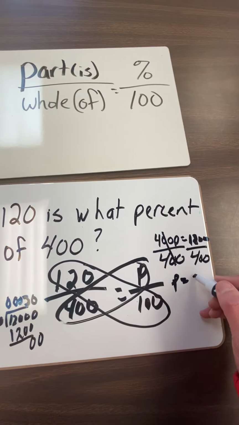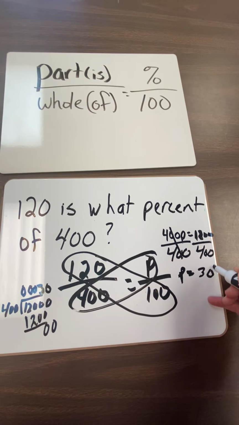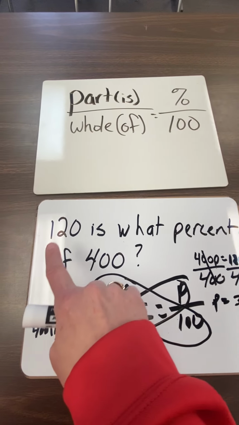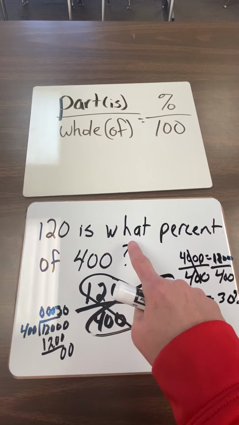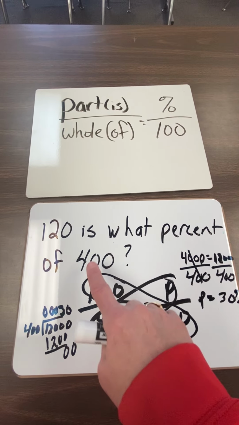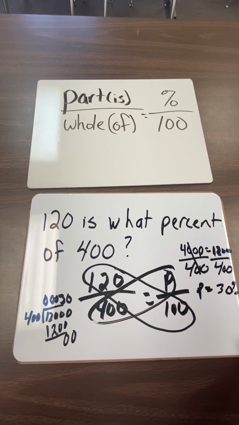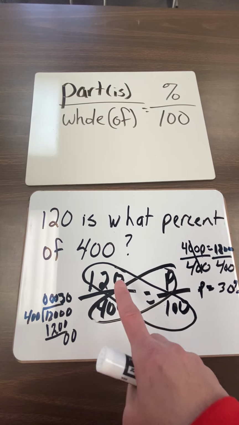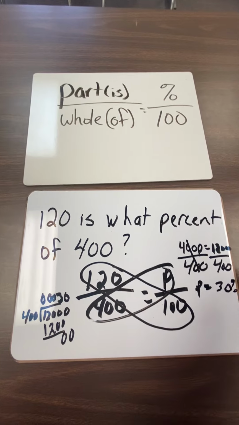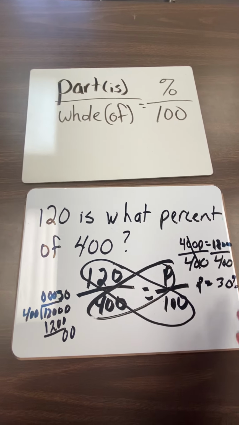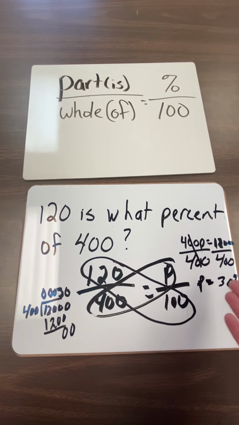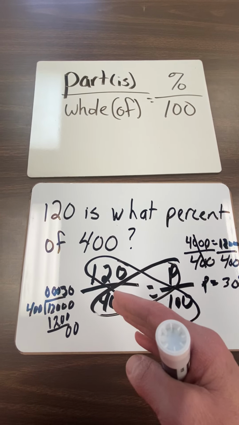So P equals 30%. Now let's see, 120 is 30% of 400. And if you look at it, 50% of 400 is 200, right? So it makes sense that 30% could be your answer then.